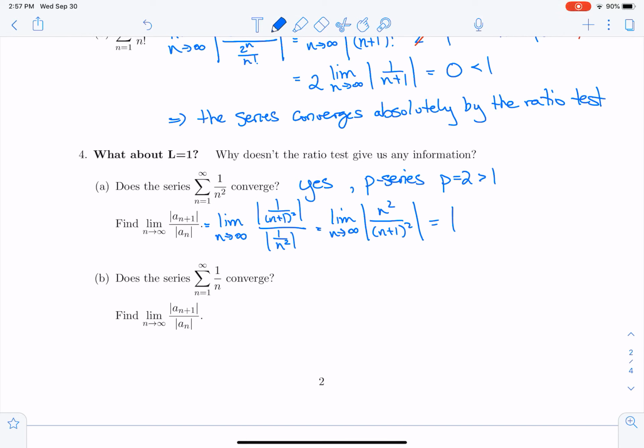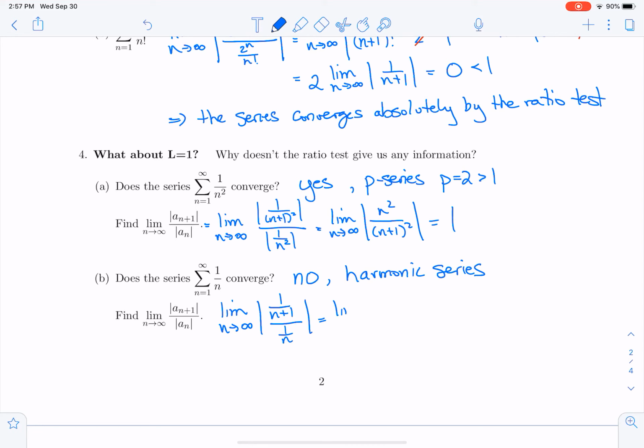Well, what about the series 1 over n? That's the harmonic series. We've seen that this series does not converge. What is the limit of the ratio of the terms? The (n+1)th term is 1 over (n+1). The nth term is 1 over n.